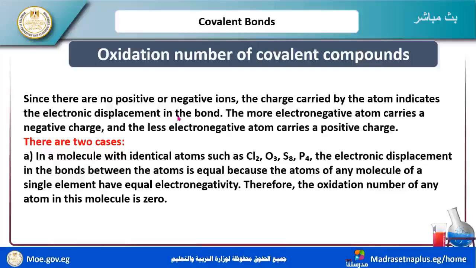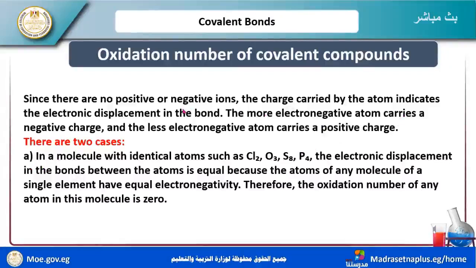The more electronegative atom carries a negative charge. You must study the last lessons, which illustrate electronegativity, to understand this. The more electronegative atom carries a negative sign, and the less electronegative atom carries a positive charge.